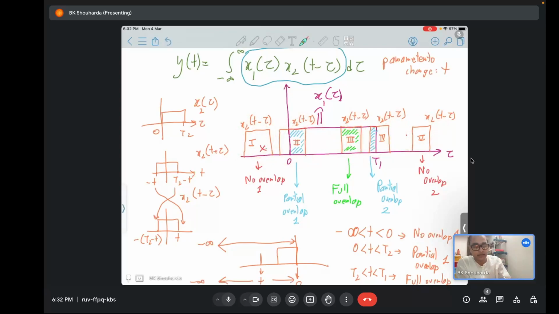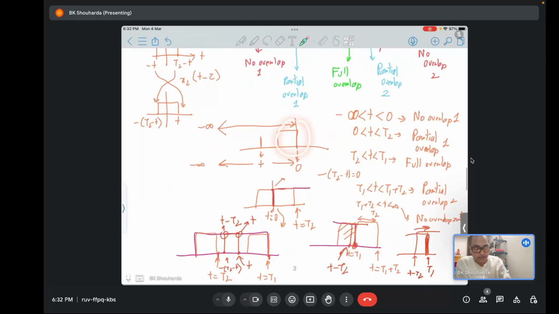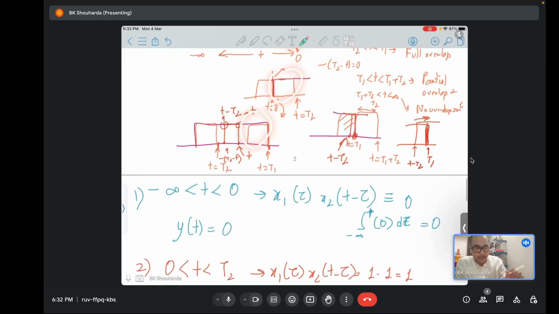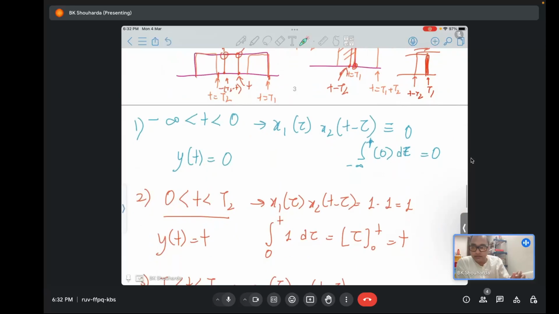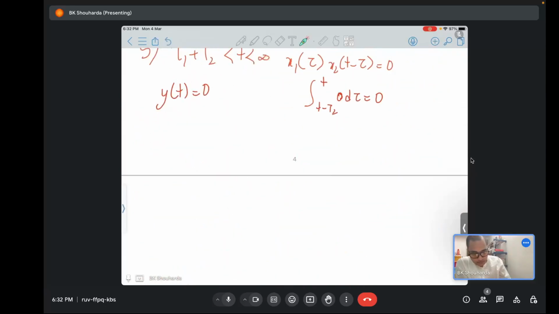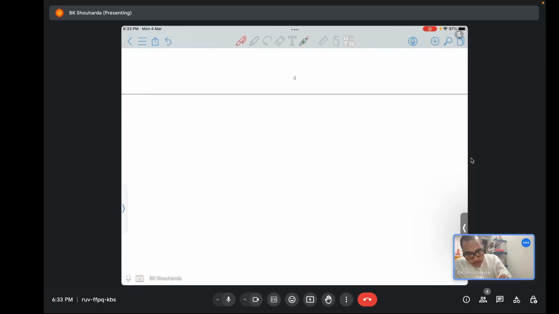The starting edge and the ending edge of this is different, so it's like a sliding window. I'm sliding the window and the window has some overlap with the other window which is fixed. So what does my y(t) look like? y(t) is 0, t, t2, t1 plus t2 minus t, and 0, and for what intervals?